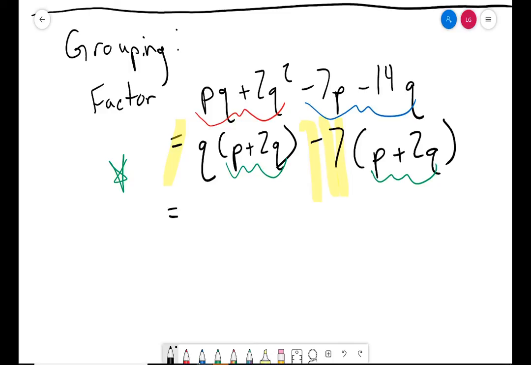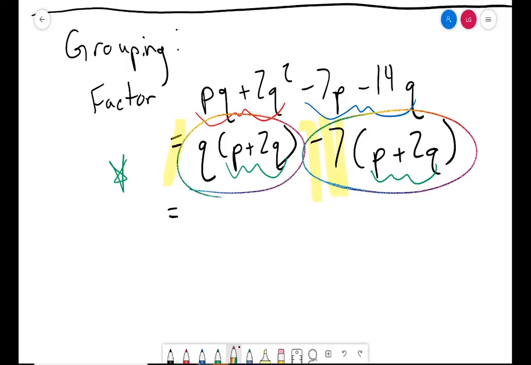Now this is an interesting moment here, right? Because actually now we're looking at 2 terms. Yes, I've been calling them 2 groups of 2 terms, so they're pairs that we've done some grouping and some factoring out of. But now think of this as 1 term. Think of this as another term. Well, they have something in common. They have a p plus 2q in common.